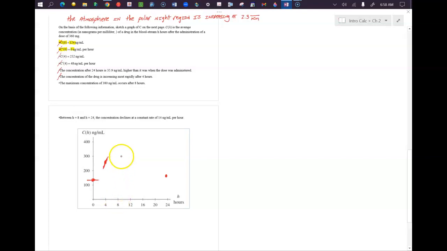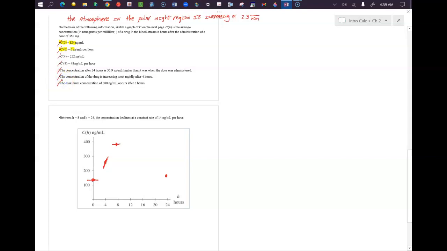It tells me it's 380, so we're going to plot that point there. And another thing I'd want to note here is that at that maximum, your rate of change should be 0, because you're going from a maximum, and I would assume that it's going to start to decrease in a moment.